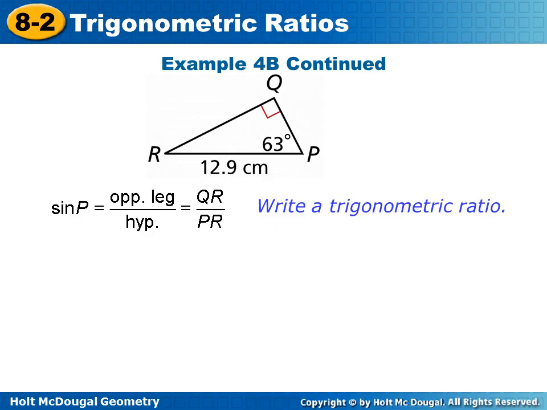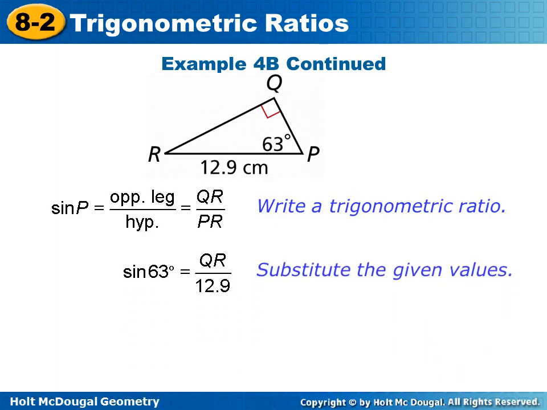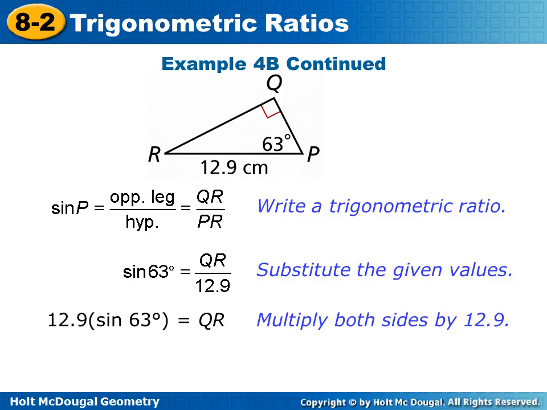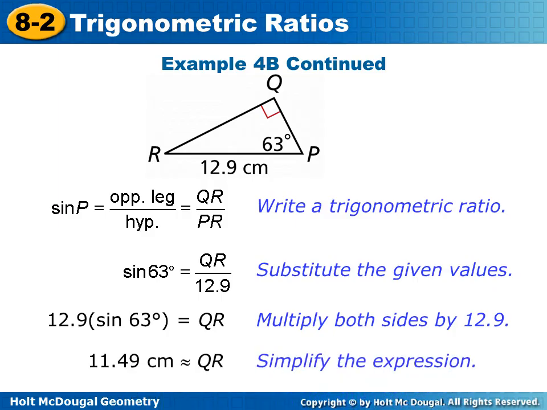The opposite side is QR and the hypotenuse is PR. Substituting our values, we get sine of 63 equals QR over 12.9. Multiplying both sides by 12.9, we get this expression. We put that in our calculator and get a result of QR equal to approximately 11.49 centimeters.